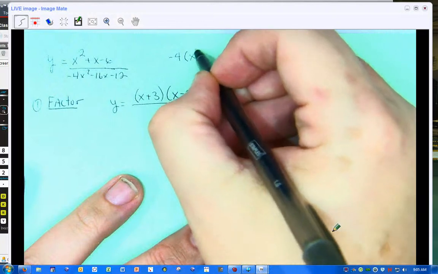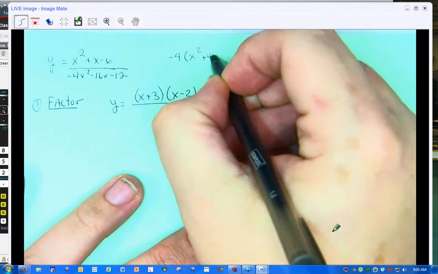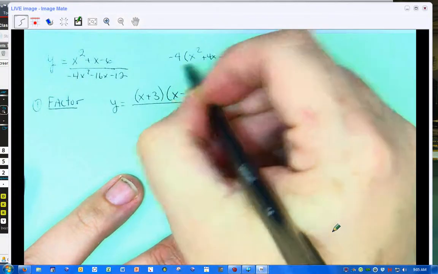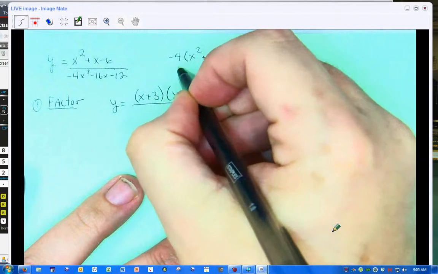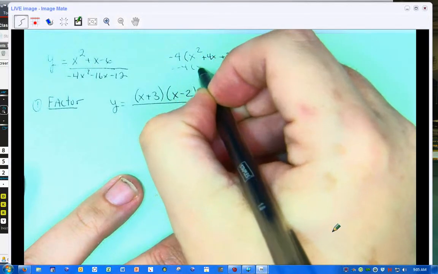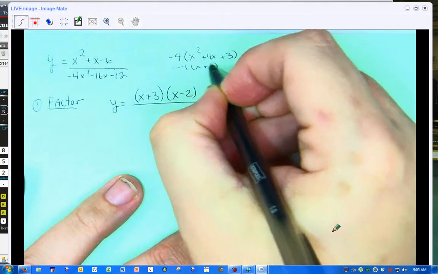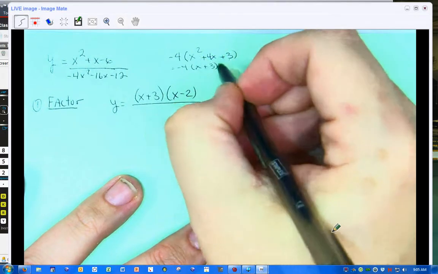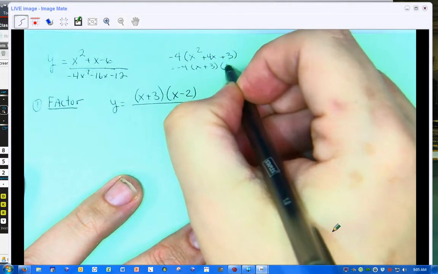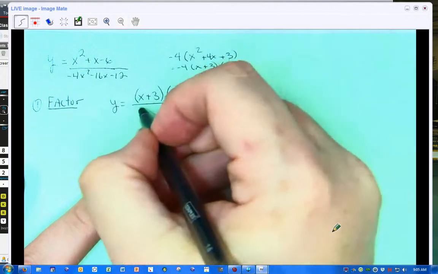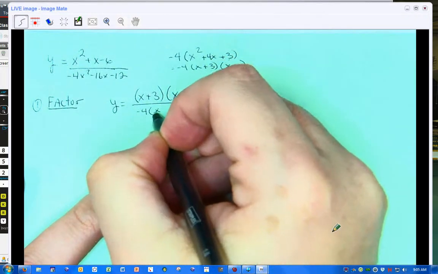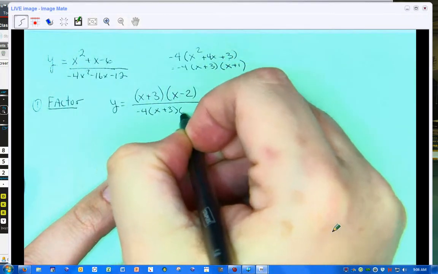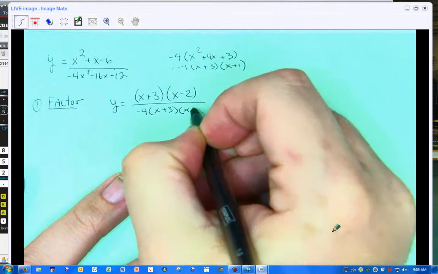So I'll get x squared plus 4x plus 3, and that's going to be equal to negative 4 times x plus 3, x plus 1, because I need two numbers that multiply to 3, that's only 3 and 1, and add to 4.